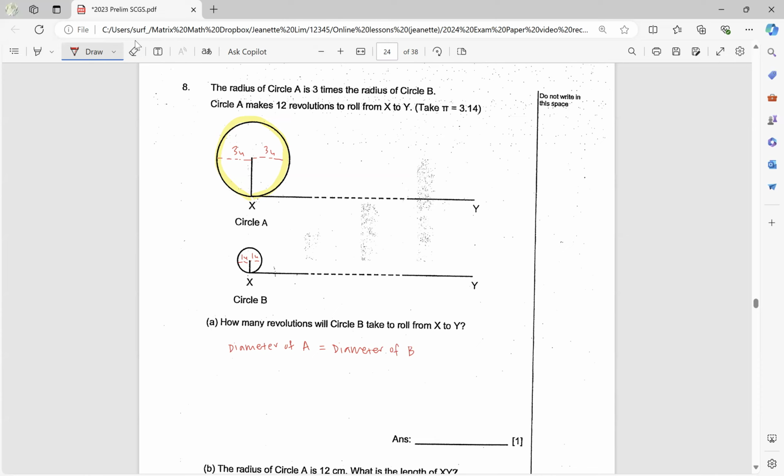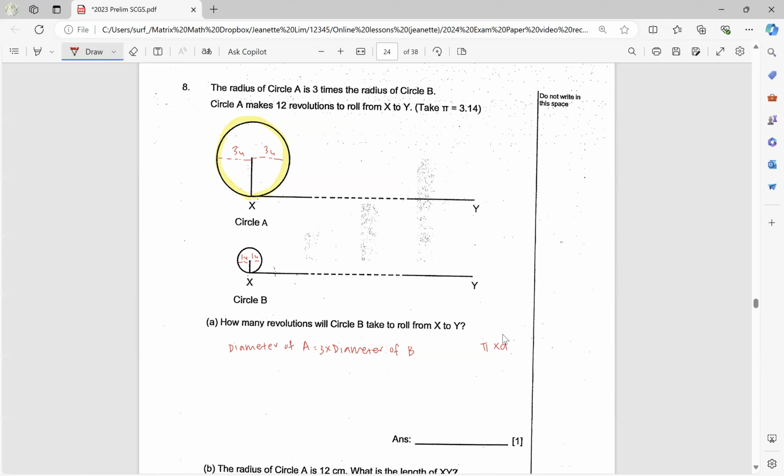Because circumference is pi times diameter, if the diameter is 3 times, the circumference will also be 3 times.